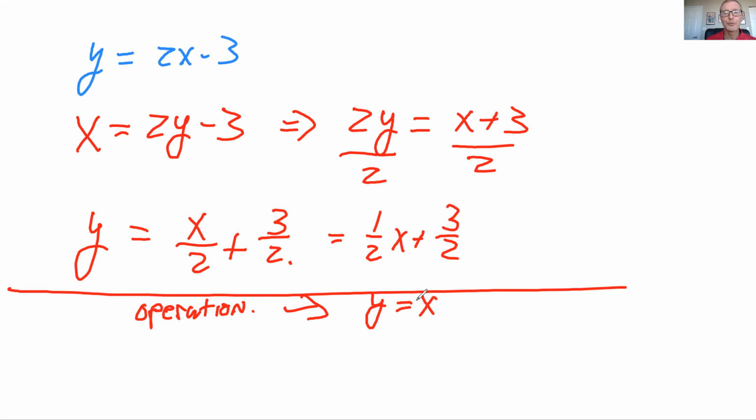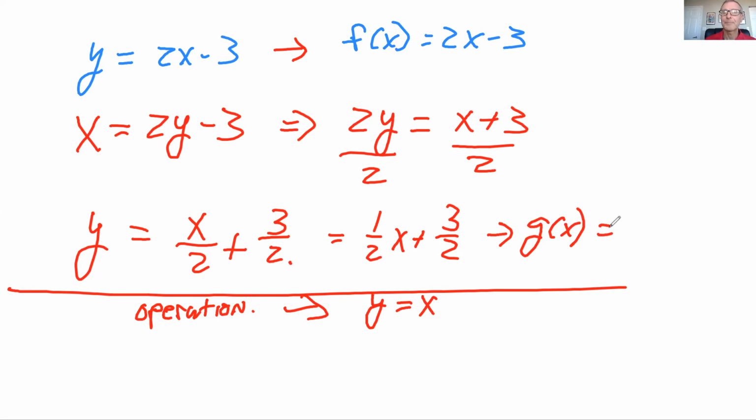Here's how you prove these are inverses of one another. Say I define the blue equation as f of x, 2x minus 3, and I define the red equation as g of x, which is x over 2 plus 3/2.